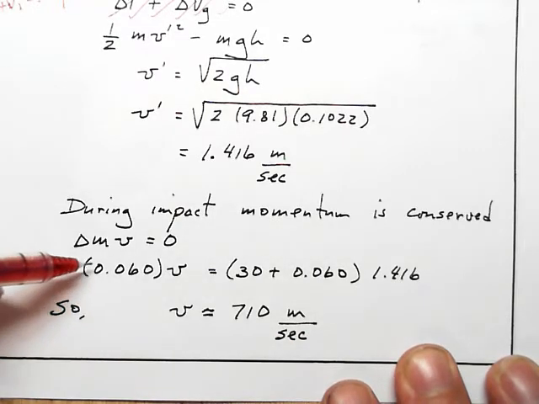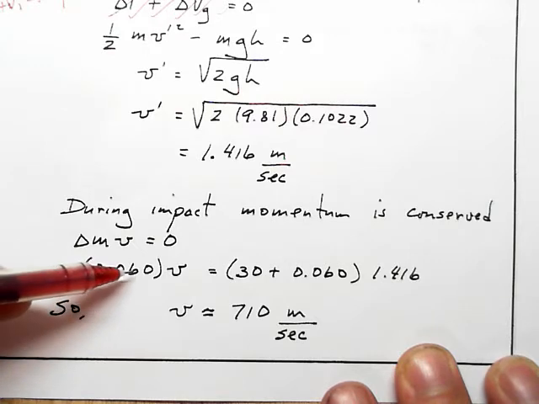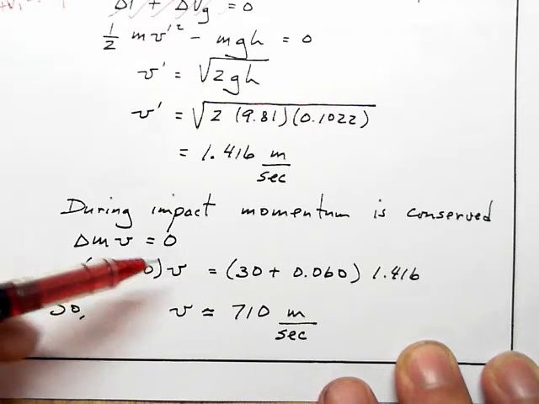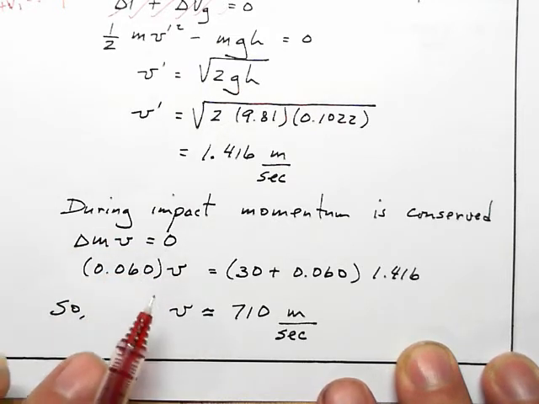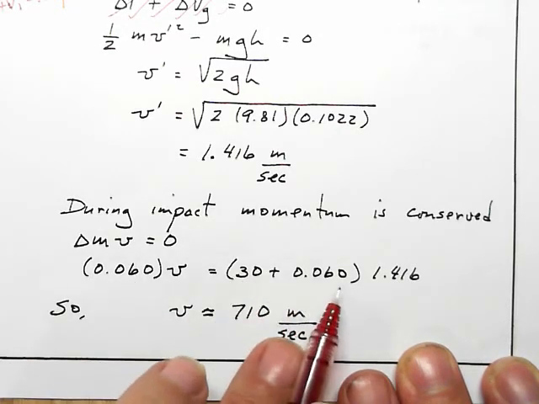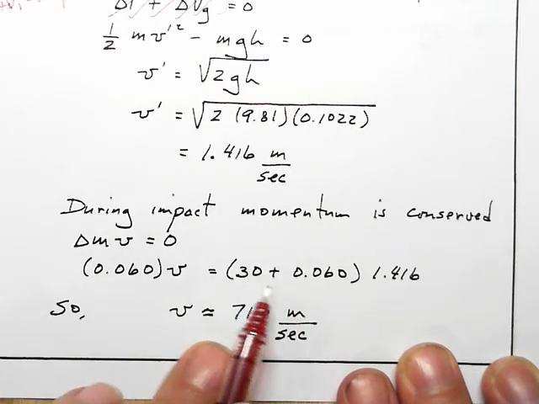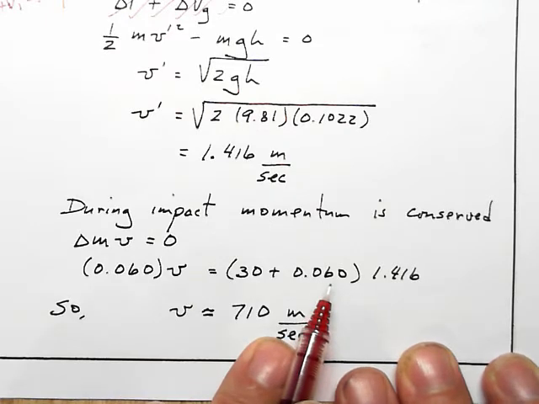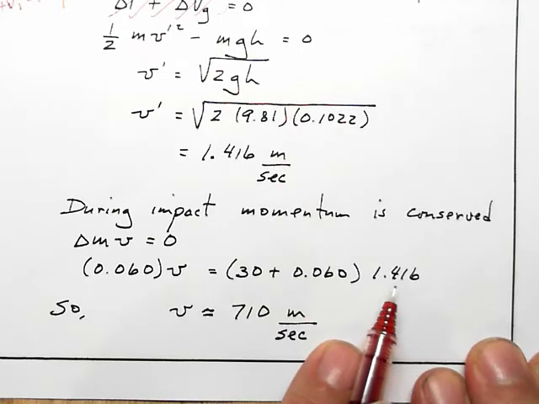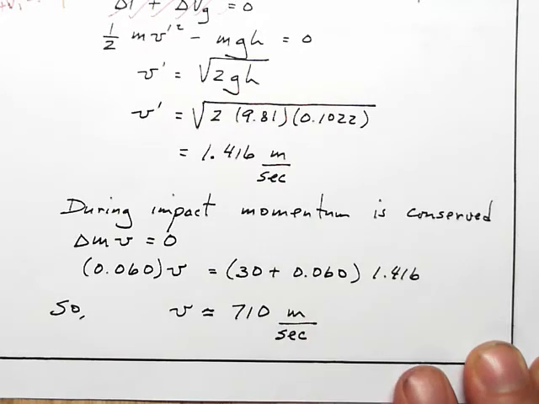Before the impact, the only thing moving is the bullet, and its momentum is the mass of the bullet times the speed of the bullet. After the impact, but before the swing starts, the bullet has embedded itself in the box. They become one body, having a total mass of 30 plus 0.06. And that combined mass is traveling with the velocity we found from the energy problem, 1.416.